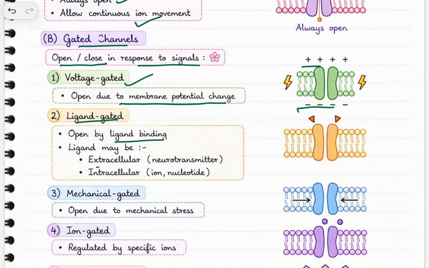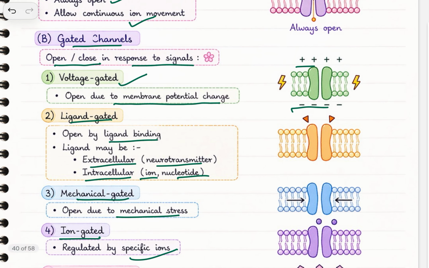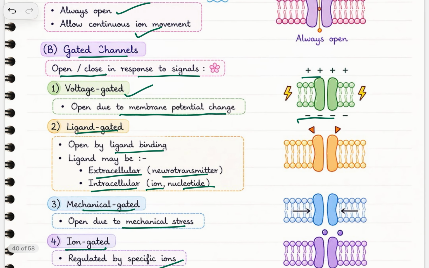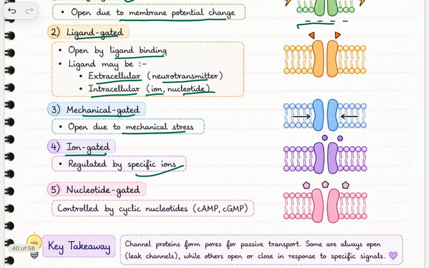The ligand may be an extracellular neurotransmitter or an intracellular ion or nucleotide. Third type, mechanically gated, open due to mechanical stress. Fourth one, ion gated, regulated by specific ions. Fifth type, nucleotide gated, controlled by cyclic nucleotides, cyclic AMP and cyclic GMP.